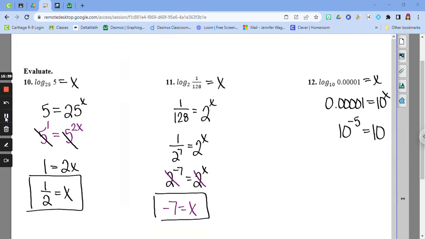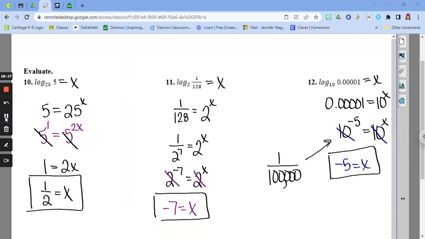Keeping in mind that is 1 over 100,000. So keeping in mind what that really is, dropping your bases, x is -5.